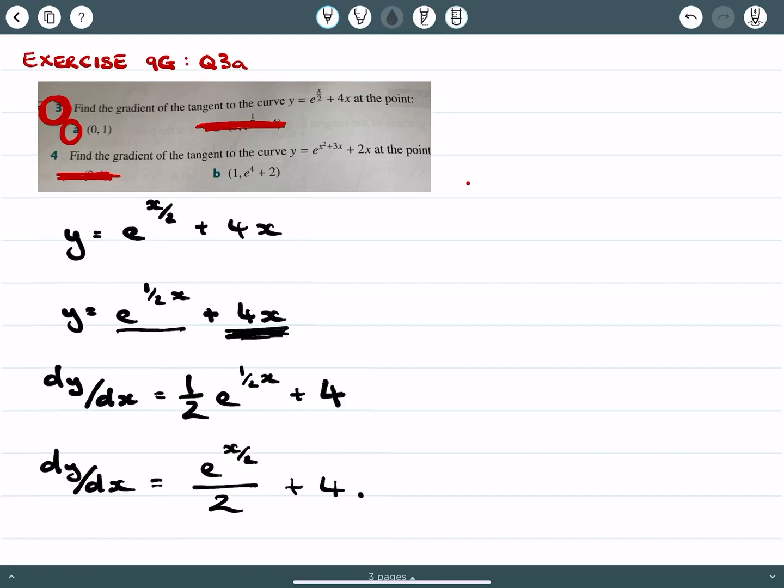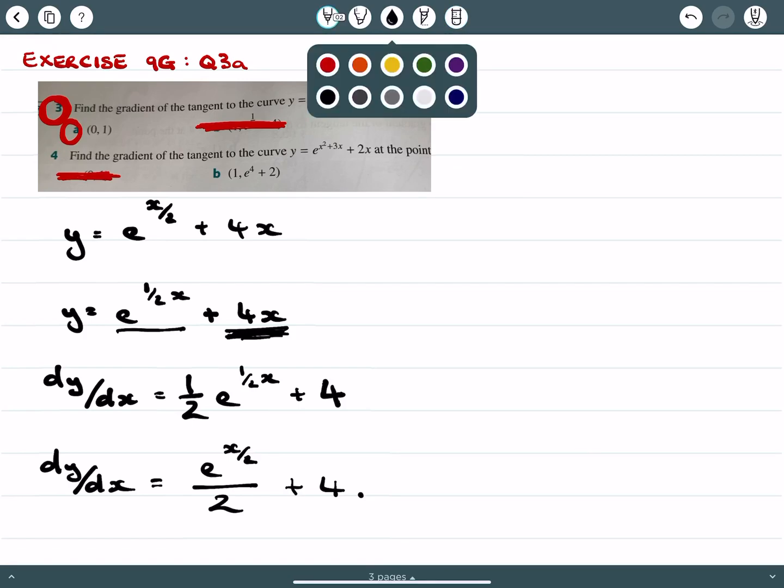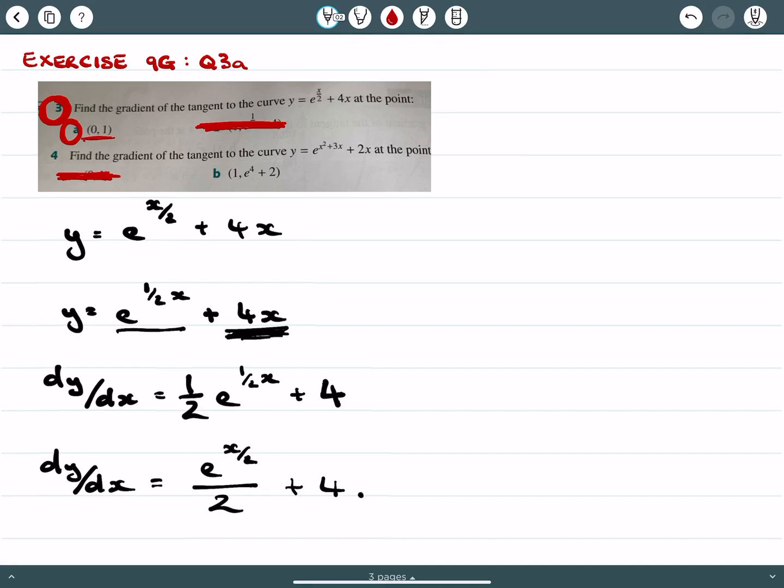And when we start having a look at this question, we're dealing with the coordinate (0, 1). In this first instance they're just looking for the gradient of the tangent, so all I've got to worry about is when x equals 0, dy dx will equal e to the 0 on 2, plus 4.